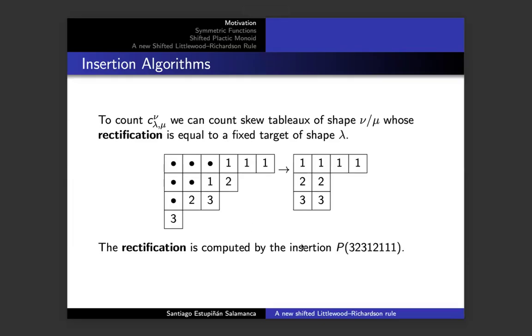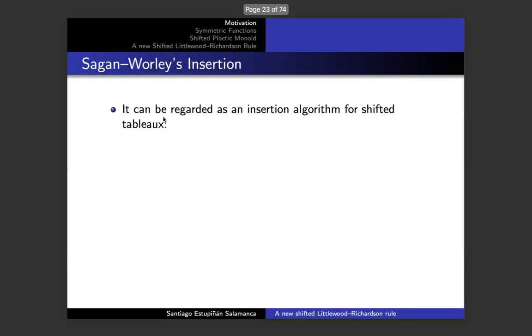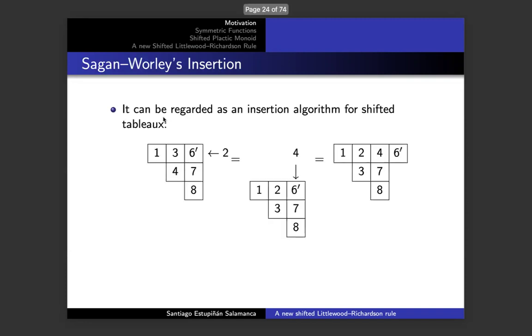It's basically the insertion of the word of this skew tableau, as I read it from bottom to top, left to right. And then the coefficient C sub lambda mu nu is the number of skew tableaux having shape nu skew mu that rectify to a fixed target of shape lambda. And so that's for the Grassmannian case.